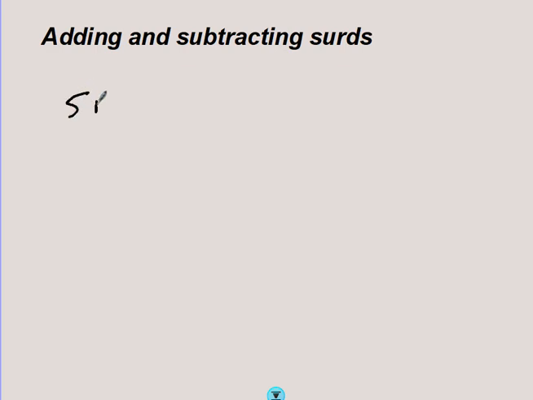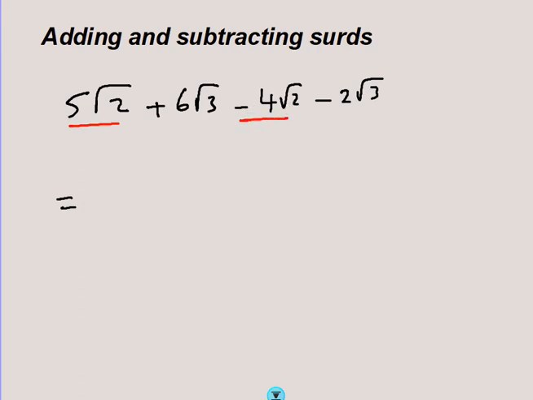So 5 root 2 plus 6 root 3 minus 4 root 2 minus 2 root 3 is simply treated like an algebraic expression with the root identifying the like terms, and this will be 5 root 2 minus 4 root 2 is simply like 5x minus 4x, and this gives you simply root 2. 6 root 3 minus 2 root 3 is also plus 4 root 3. So you only add and subtract like surds.